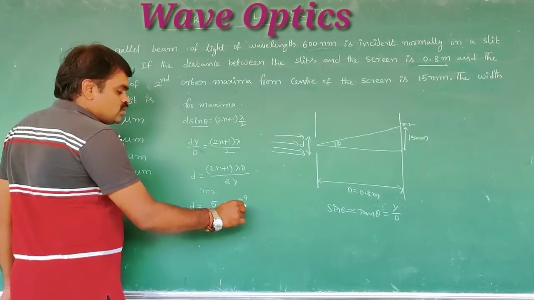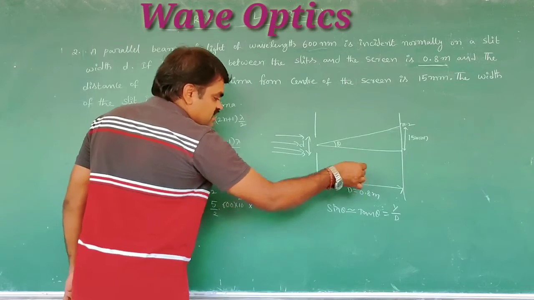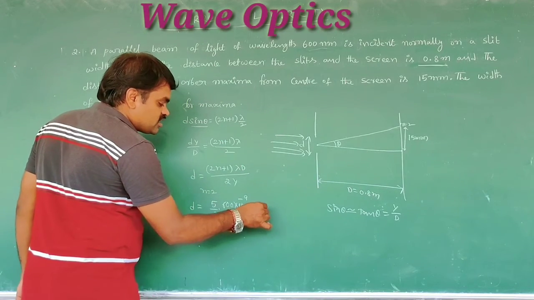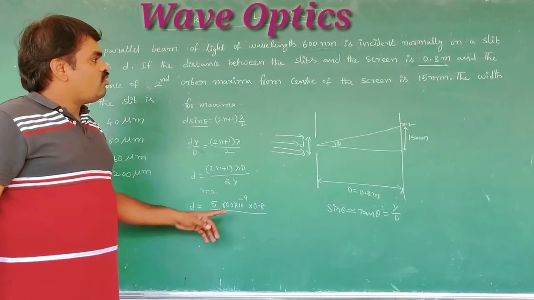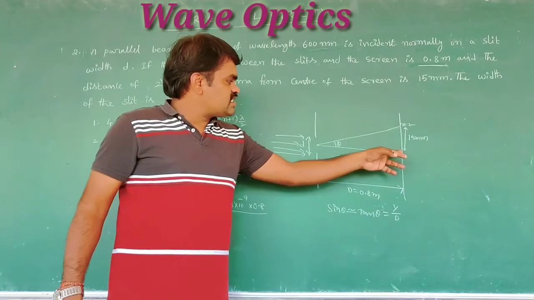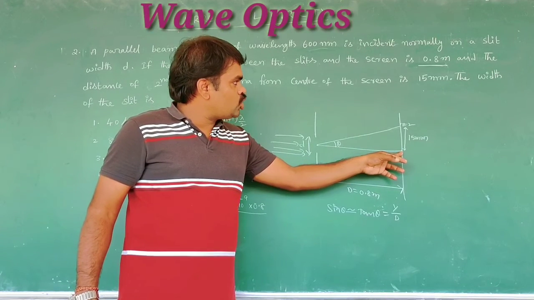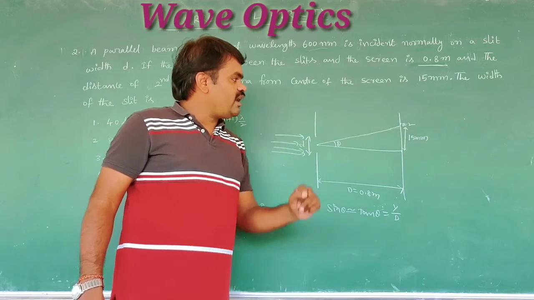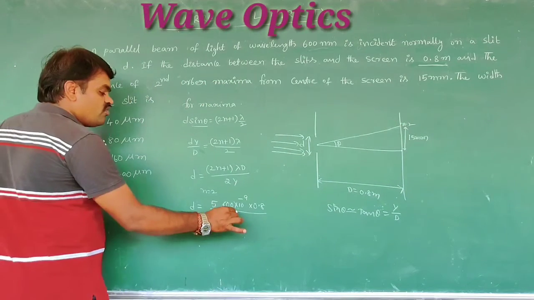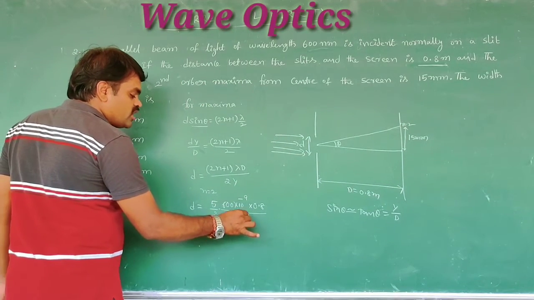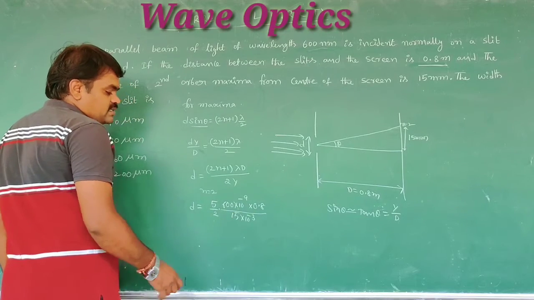D is the distance between the slit and the screen, 0.8. Y is from the center maxima to the second order maxima, that is 15 into 10 to the power of minus 3.